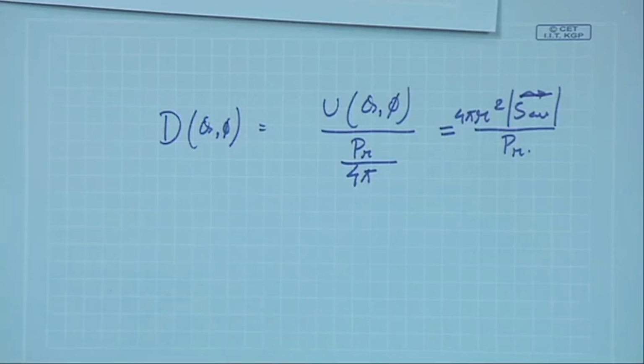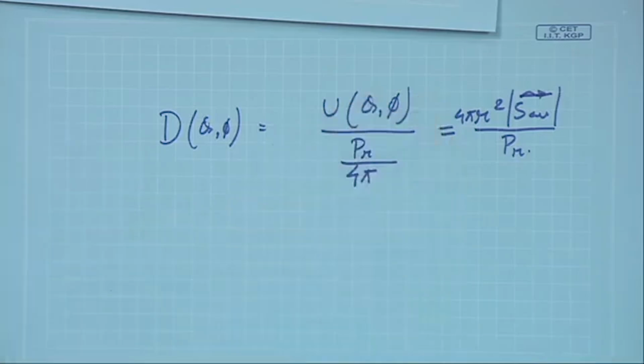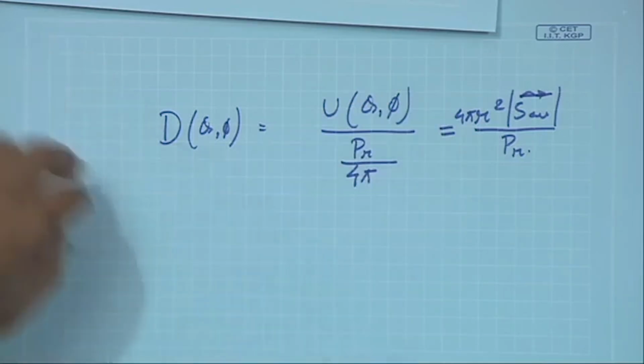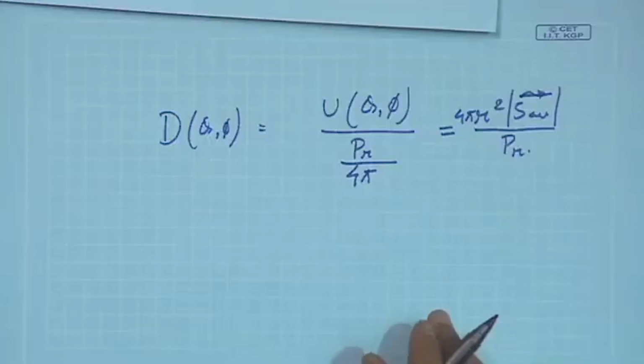If my antenna's directive performance is same as omni, then this d theta phi in that particular angle will be 1. If it is more than 1, then only I will be able to say that I have a better directed antenna. Okay. So, this is general for any antenna.